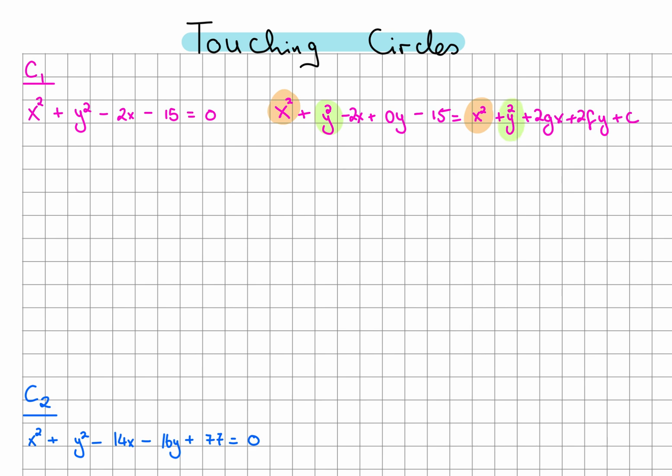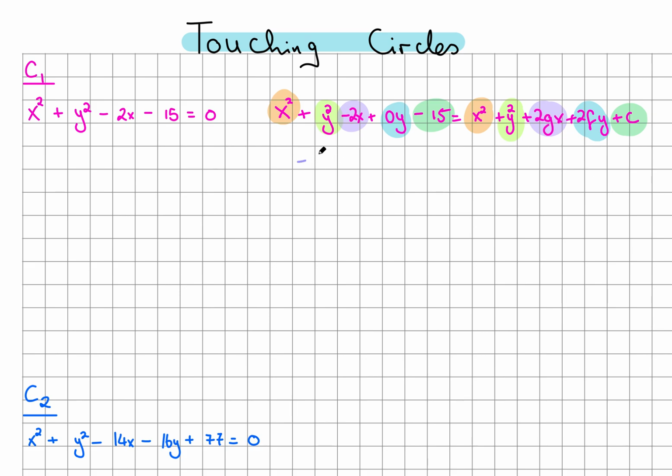What I can then see is that minus 2x is the same as having 2gx. 0y is the same as 2fy. And then finally, our plus c is the same as having minus 15 on this side. So I'm going to let those equal each other and see what we can extract.